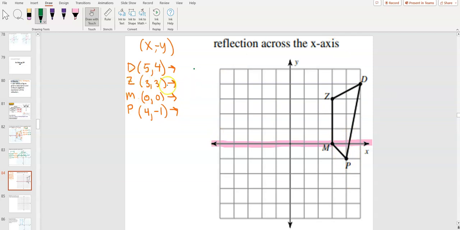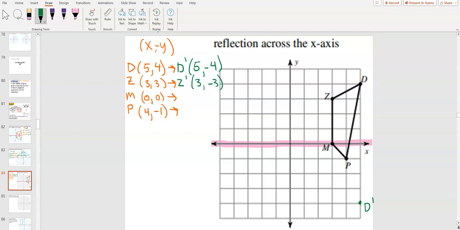points, okay? So here, because I'm going over the x-axis, my y value is going to change signs. So D prime is going to go to 5, -4, okay? So I'm going to go ahead and go 5, 1, 2, 3, 4, -4. This is D prime. Z prime is going to go 3, -3.